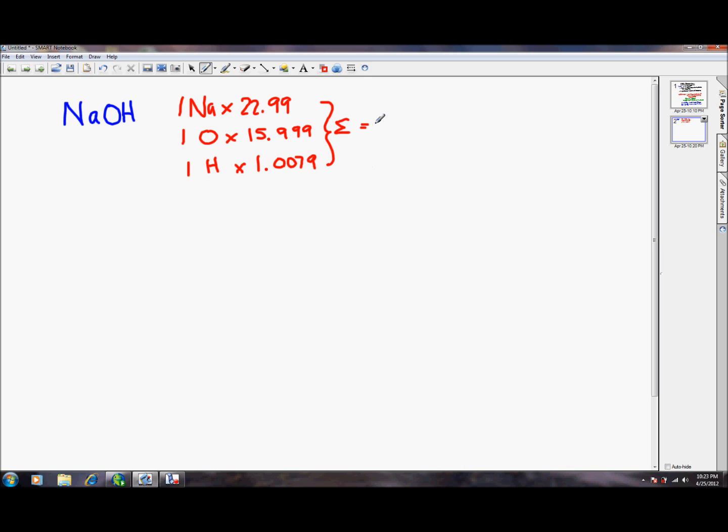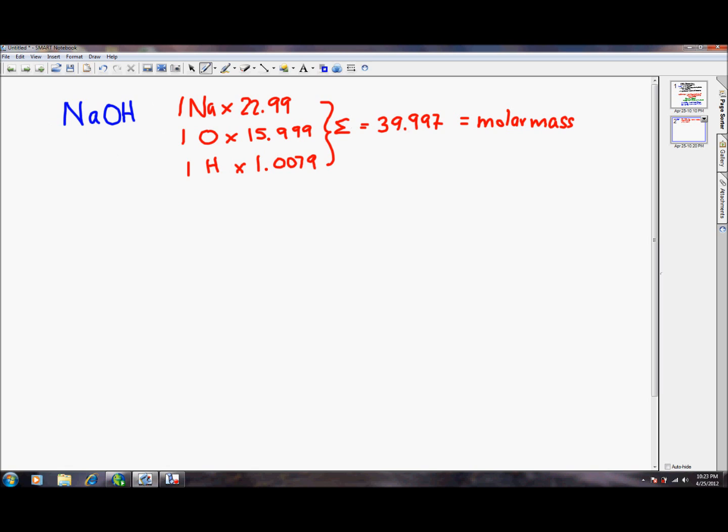Okay, and those add up to that, which is 5 sig figs. So that's the molar mass of a compound.